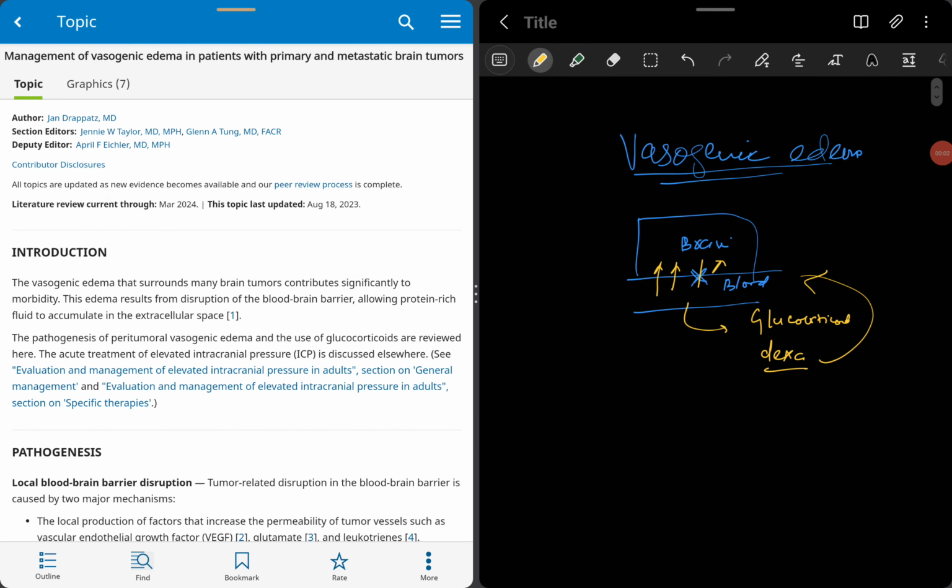So we are going to discuss vasogenic edema. You know that if this is a blood vessel and this is brain, what happens is there is disruption of this barrier, and there is leakage of this protein-rich fluid that gets accumulated in the extracellular space here, and this gets accumulated more in white matter.